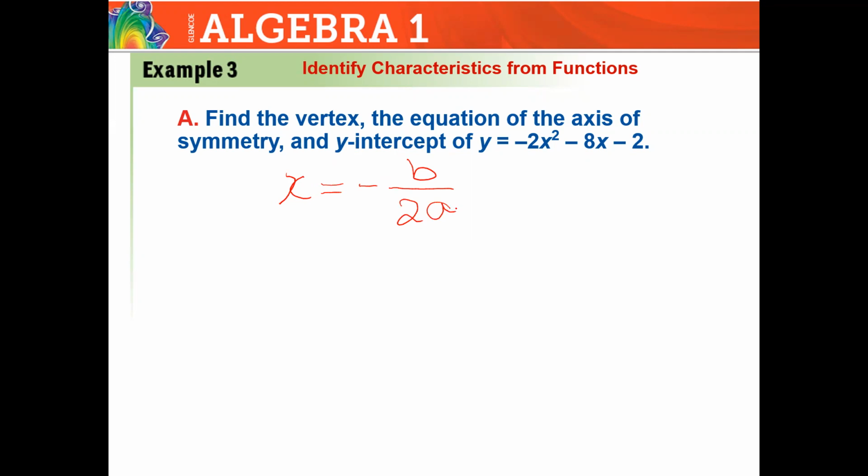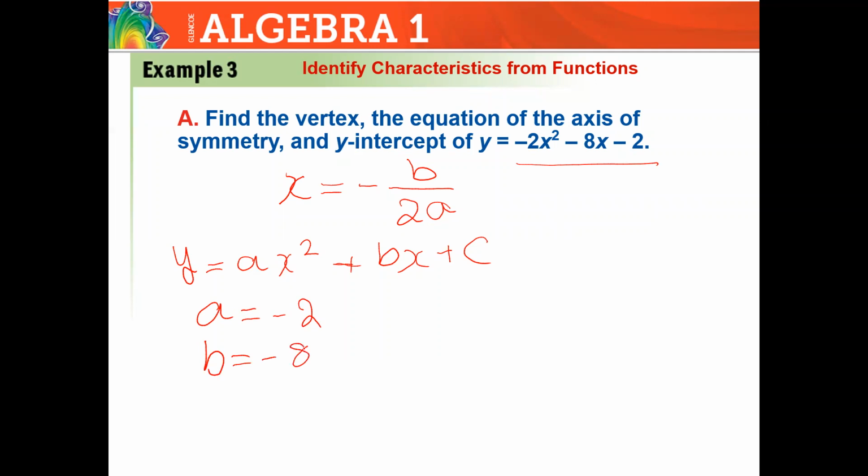As you know, the quadratic equation is in the form y equals ax squared plus bx plus c. So in this equation, we have a equal negative 2, b equal negative 8, and c equal negative 2.